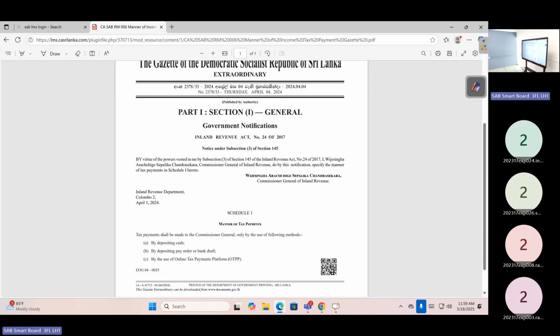For income tax, API, withholding tax, self-assessment payment, no assessment-based payment, it can be made by either cash payment, pay order, bank draft, or online transfer. Earlier there was check payment.